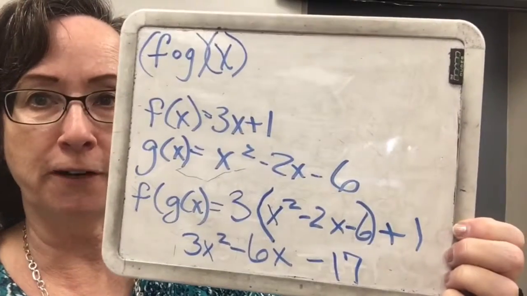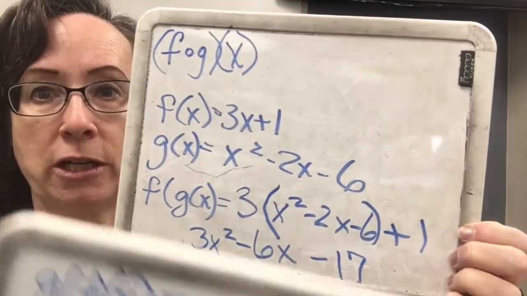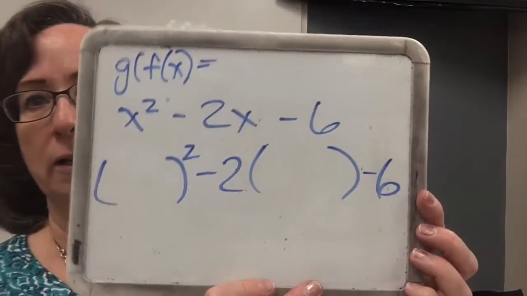So remember, my g function was the one that had the x squared in it. So my g function is right here, and I'm going to copy it down. So I'm going to have x squared minus 2x minus 6, but now when I write it, I'm going to take out the x's. I'm going to show this to you in a minute, okay? And I'm going to leave it like that.